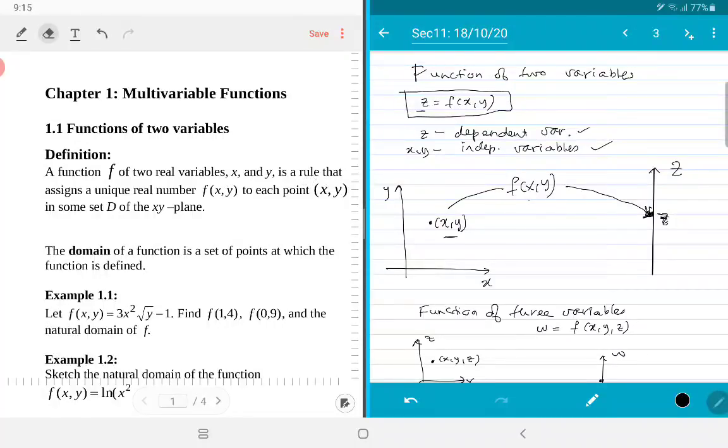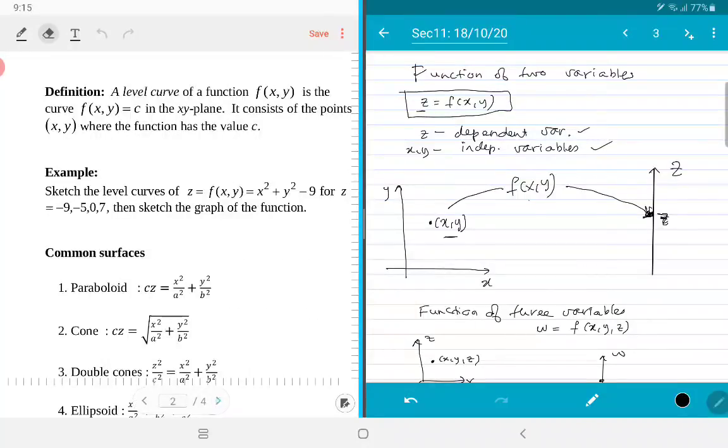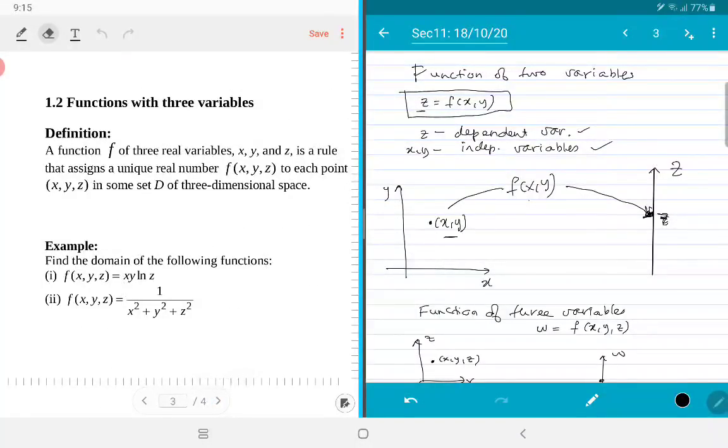Okay, now similarly you can do that in functions with three variables as well. So here it says the definition. A function f of three variables x, y, and z is, again you can see rule here, a rule that assigns a unique real number f(x, y, z) to each point (x, y, z) in some set D of three-dimensional space.